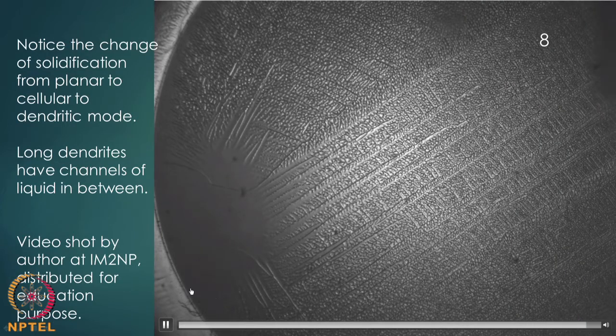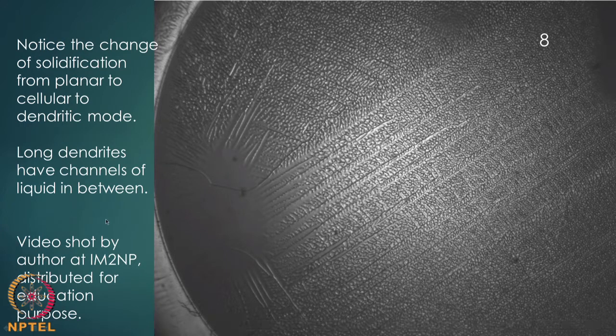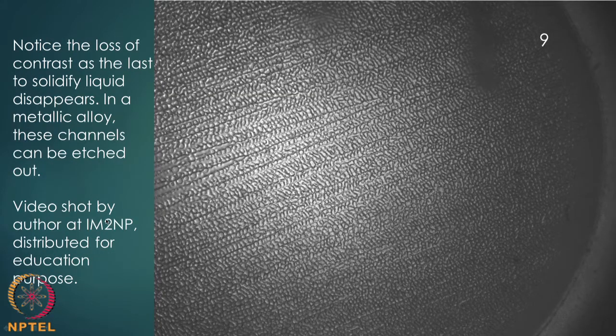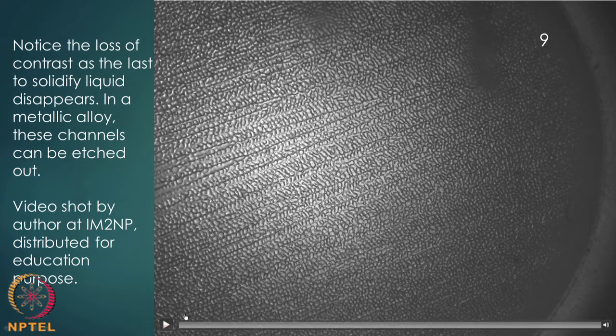Now, what happens to these liquid channels as we go along to complete the solidification will be clear when we see this video. This is a video where coarsening is happening, which means that the last to solidify liquid which is there in between the dendrite arms is solidifying.